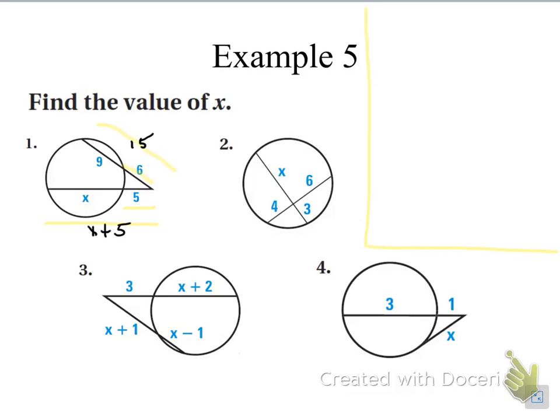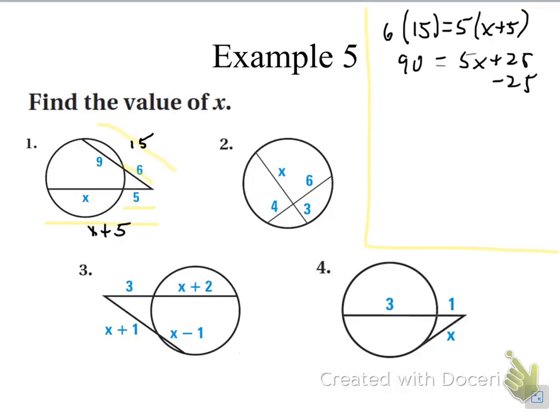So we get external times 15 equals 5 times x plus 5. So we distribute, we get 90 equals 5x plus 25.